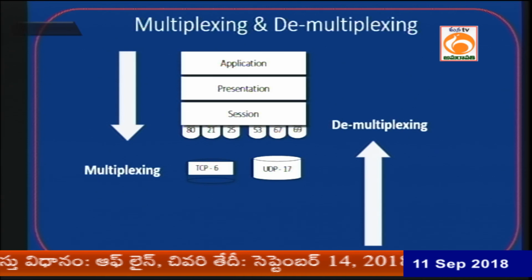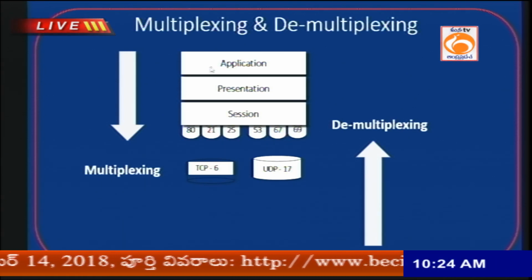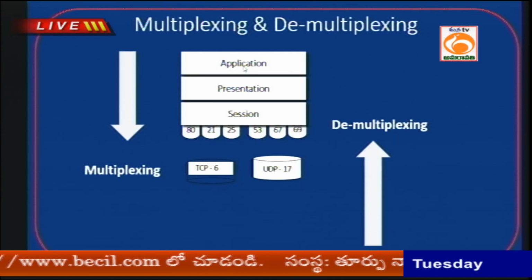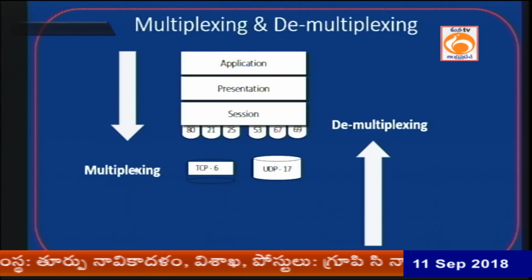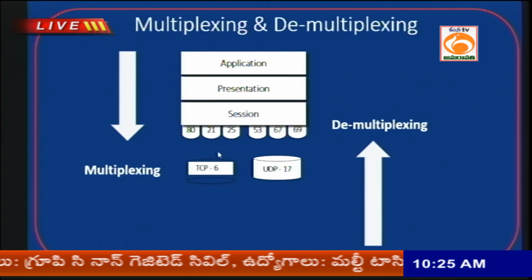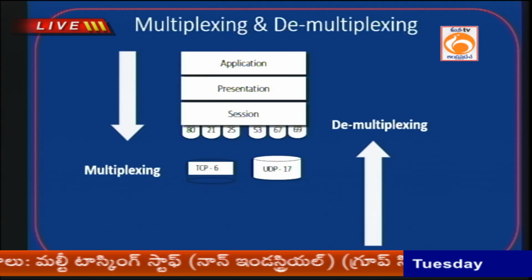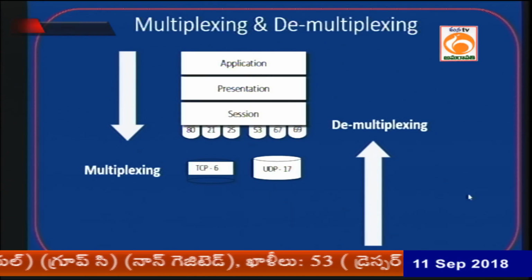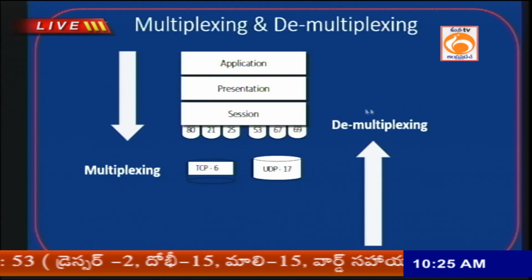So, let us look at what is happening at multiplexing. When you open multiple applications like multiple browsers, a browser along with FTP or Telnet, multiple application requests are coming and they are being multiplexed by the transport layer. The transport layer is responsible for multiplexing these, and when the reply comes back, we use the function called demultiplexing.